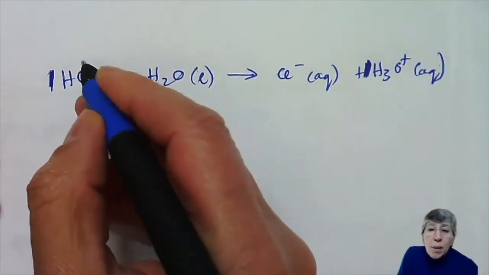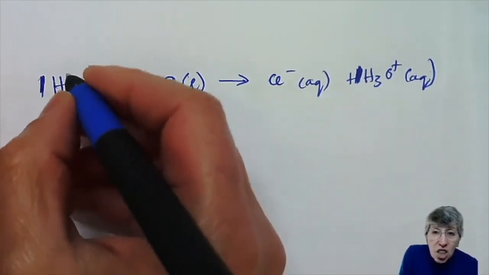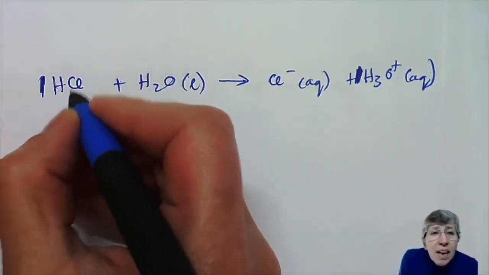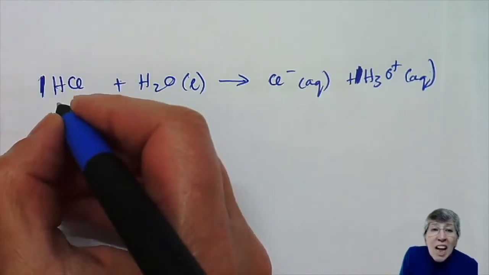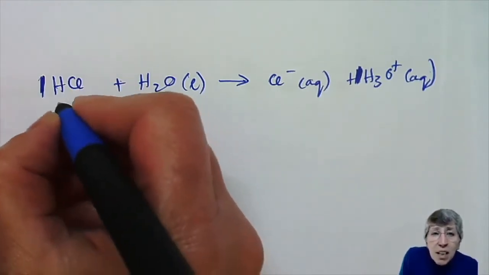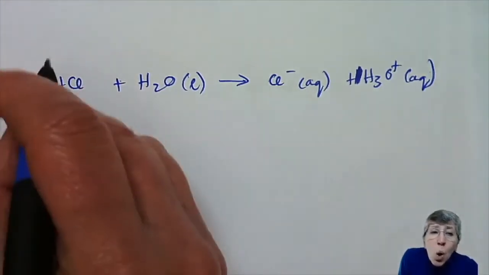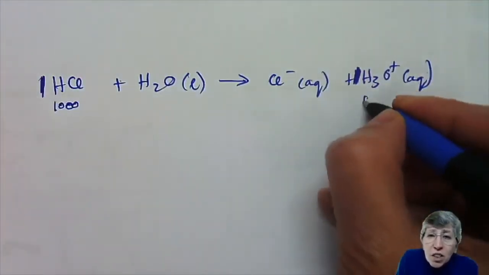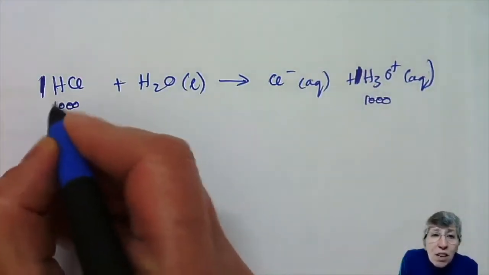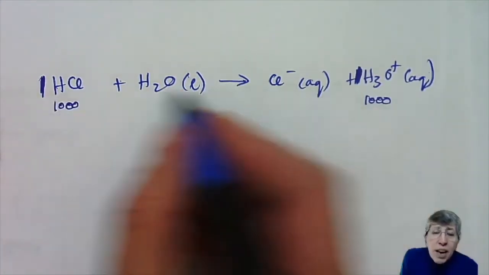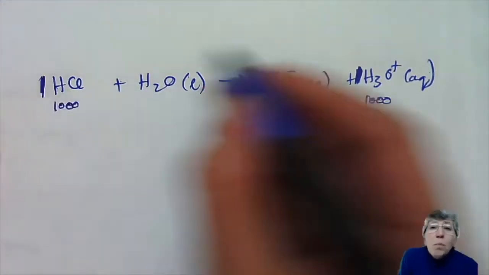And what do I know about the HCl? The HCl is a strong acid. And what does that imply? If it's a strong acid, it will ionize completely, which tells me every single molecule that I put in will do this reaction, right? So if I put in 1,000 of them, every single one will react, and the equation tells me 1 makes 1.